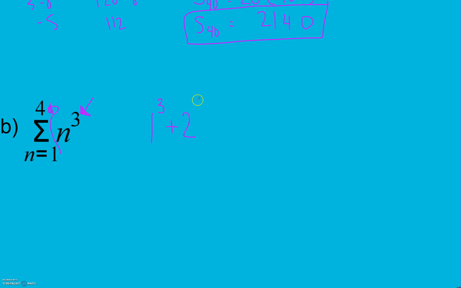So I plug 2 in for n, 3 in for n, and 4 in for n. 1 cubed is 1, 2 cubed is 8, 27, 64. When I add all these up, I'm going to get 100.